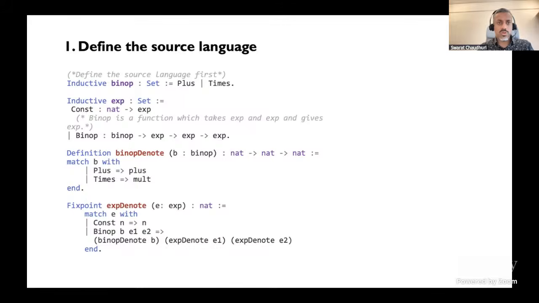And so what you're doing over here is defining this binary operator, which can be either plus or times. You're defining this notion of an expression, and this is saying that it can be either a constant or a binary operation. And then there are some rules that tell you how to actually evaluate these expressions.